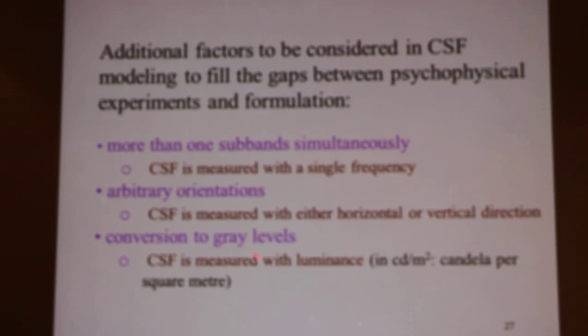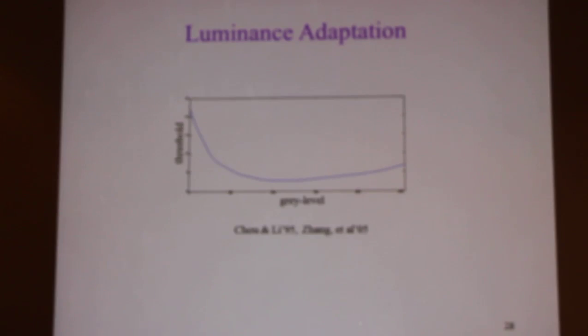And also, the original CSF is done with the real luminance, in that unit, but now we have grey levels. Grey level is not equal 100% to the luminance originally. So we need to take care of this problem. There is no best way so far, right? So I try to tell, according to my understanding, what the problems unsolved so far are.